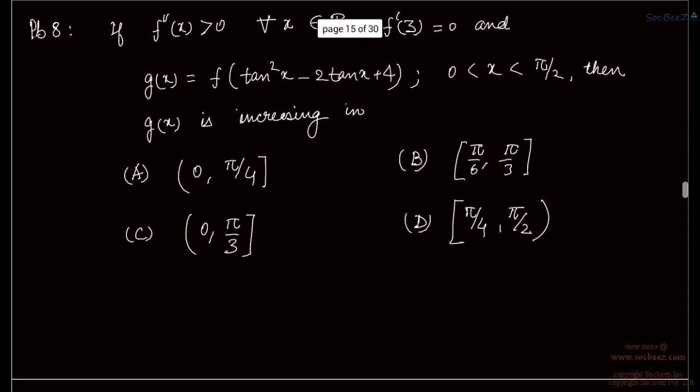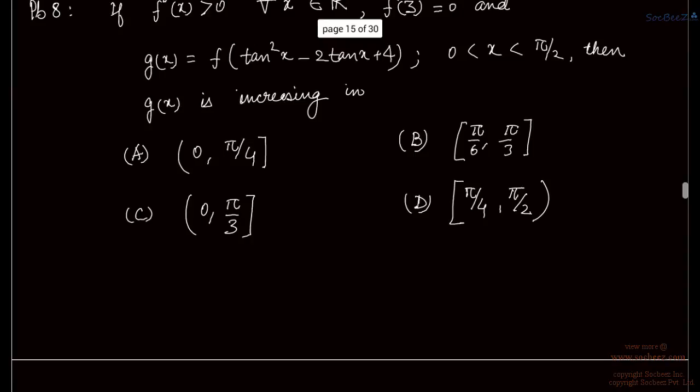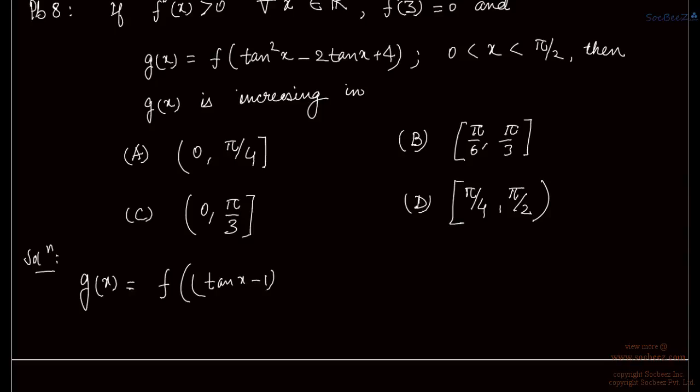Okay. So we can write g(x) as f of tan square x minus 2 tan x plus 1 plus 3, which can be written as (tan x minus 1) square plus 3, right?